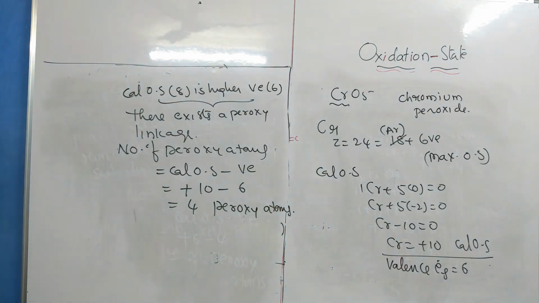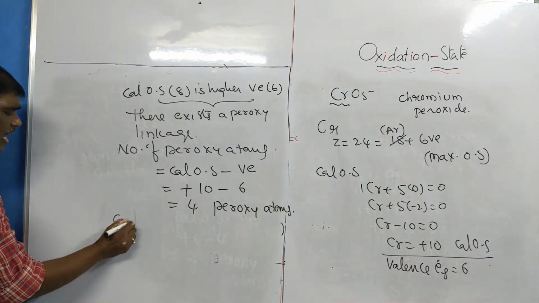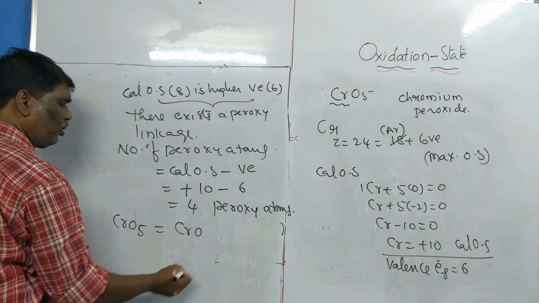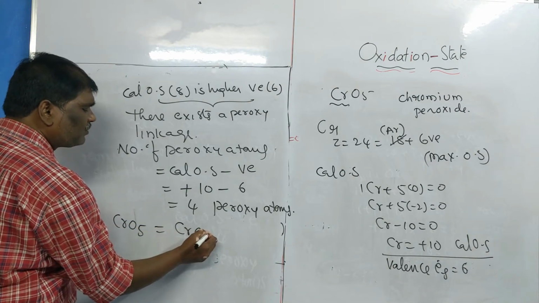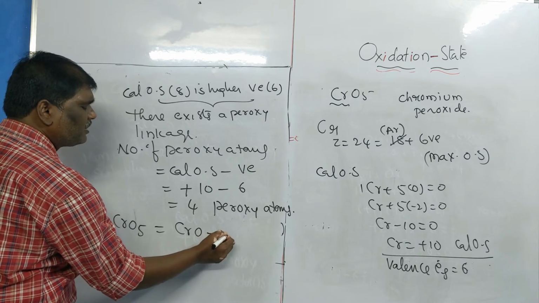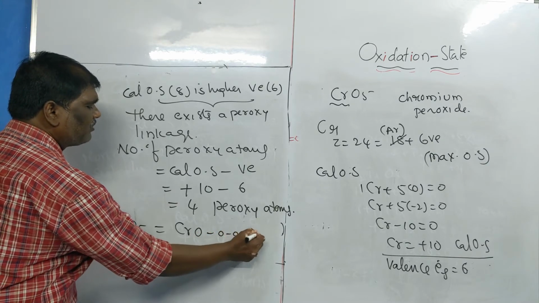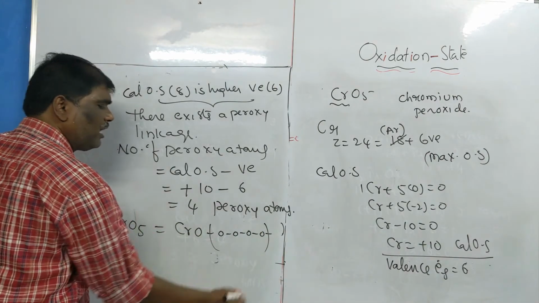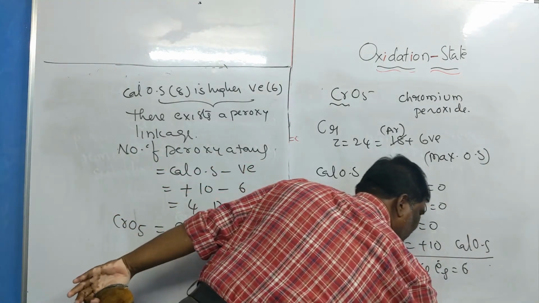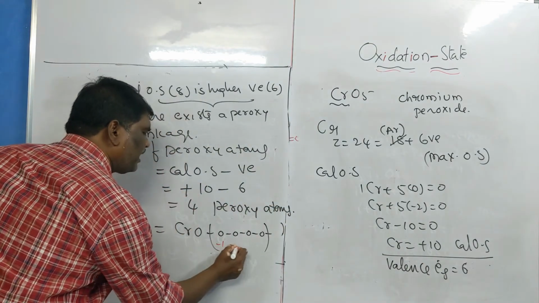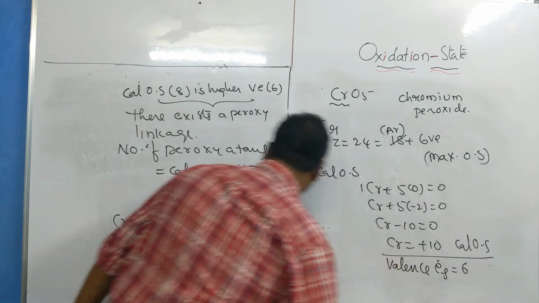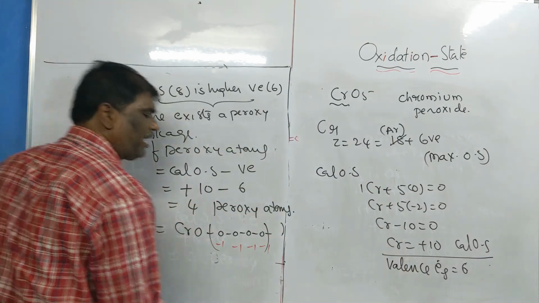That's why CrO5 can be written as CrO and how many peroxy atoms? 4 peroxy atoms. I told you for peroxy atoms, each one is given -1, -1, -1, -1 oxidation state, whereas general oxygen is given -2.